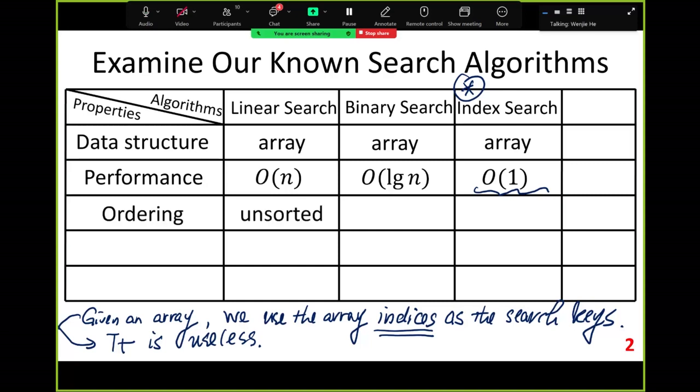Ordering: unordered data, ordered, unordered. Dynamic: linear search, because you do not need to put them in order, the insertion cost is very low. Insertion cost is low, but deletion cost is high. So here, I should say yes for insertion, no for deletion.